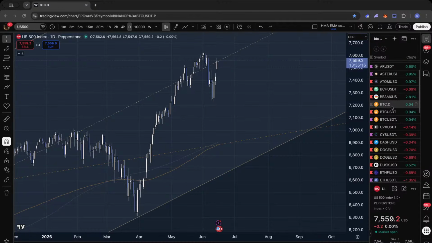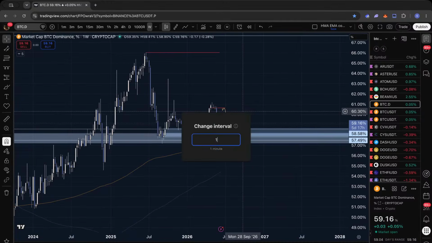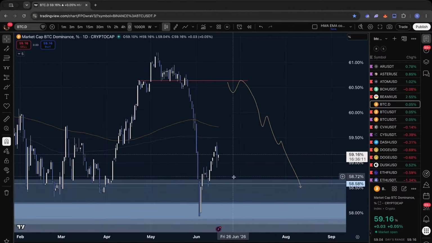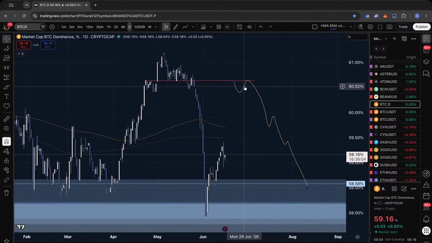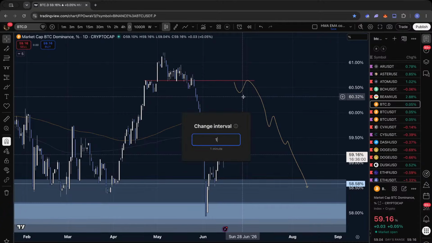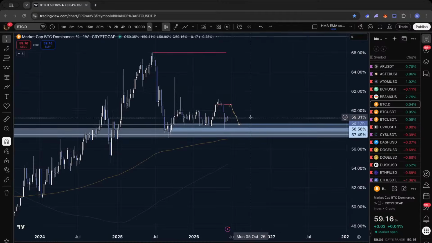So we can also watch a little bit of Bitcoin dominance. It's ranging, as I mentioned. You can see we had a pretty good reaction here over range lows. I'm expecting it to go back to the 60% area to have a bearish retest and then continue to range.